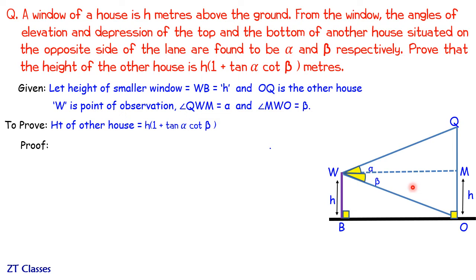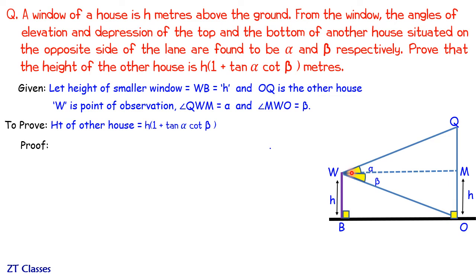Using the first triangle, we'll find the value of WM in terms of h and beta. Once we have WM, we'll use the other triangle and get the value of QM in terms of alpha and WM. Once you have QM, we'll add h to it to get the value of QO.